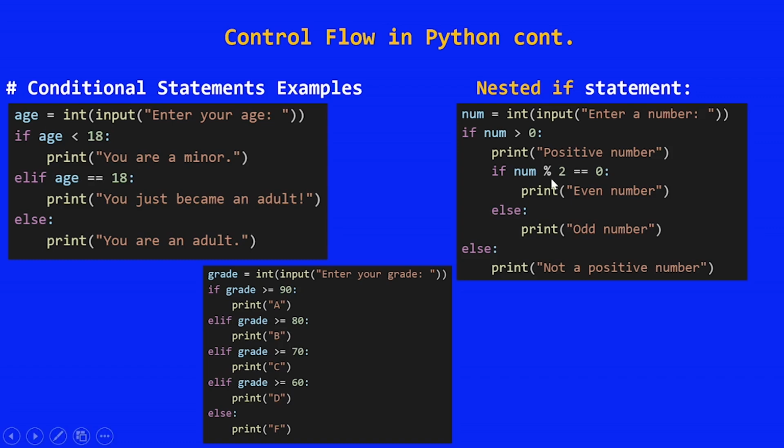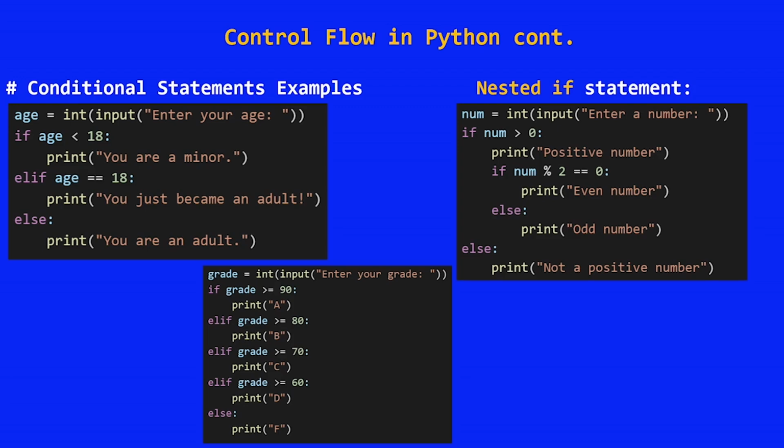So num percentage 2 is equal to 0 means that when the number is divided by 2 the remainder is 0, so it is an even number. So we print even number. Else we print odd number.